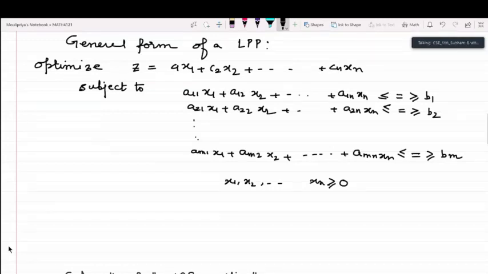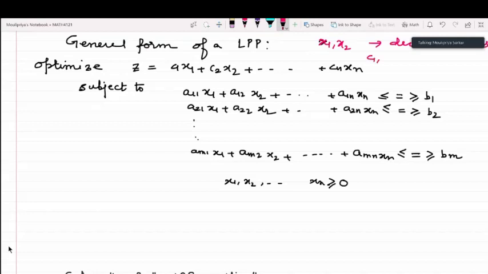Yes, ma'am. These x1, x2 are said to be the decision variables. Achha.